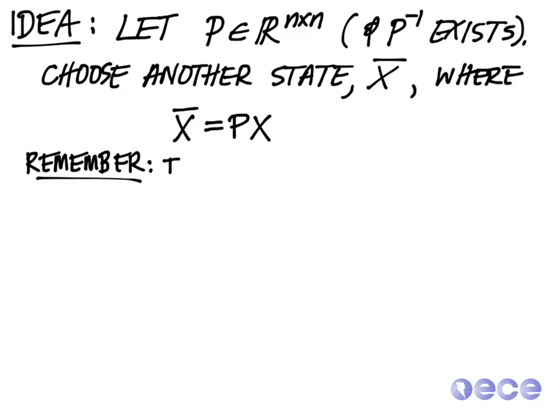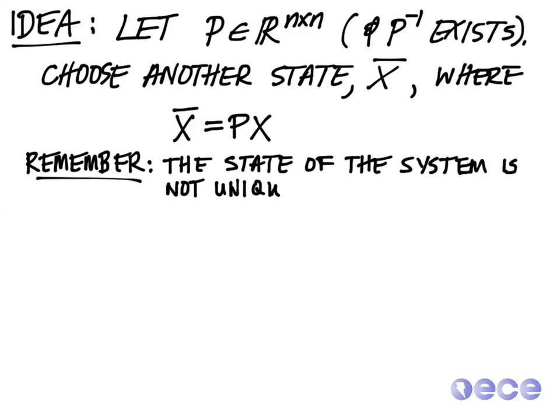The reason that we can do this is because the state of some linear time invariant system is not unique. If the state were unique, then there would be no such state x bar that we could use. But state is not unique. We can choose the state such that all of the pieces of the system that have memory are accurately described, and there's more than one way to do that.